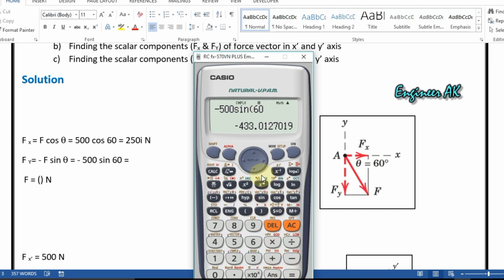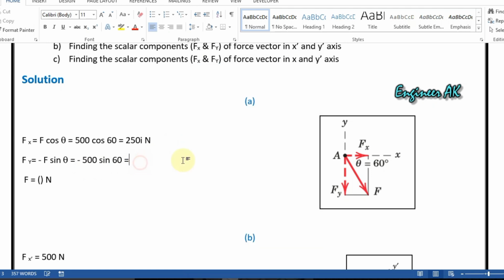So we get minus 433 j Newton. If I write it in order, it will be 250 i minus 433 j. So this is the first part.